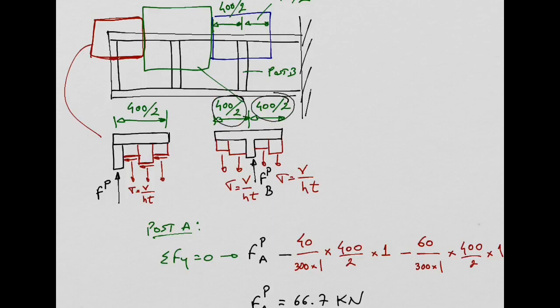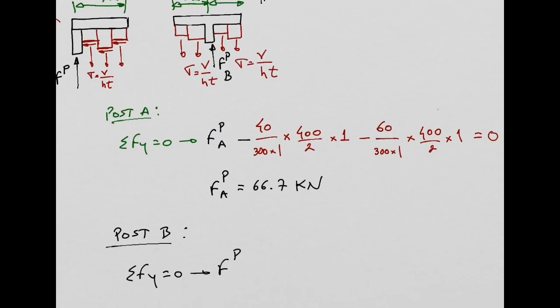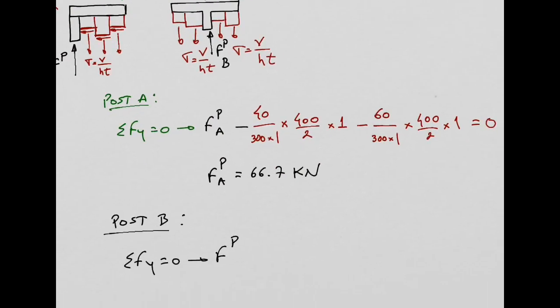You just need to be careful with the transverse shear force on the left side of the post and on the right side of the post. So we can basically write a very similar equation to the one we wrote for post A.